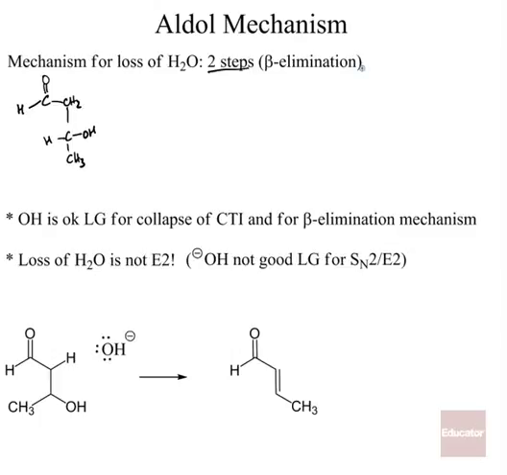It's described as a beta elimination, and the first step is going to be to deprotonate. So I'm going to take that hydroxide again, and I'm going to deprotonate the alpha carbon, so let's just make that a CH. We're going to deprotonate the alpha carbon and make an enolate.